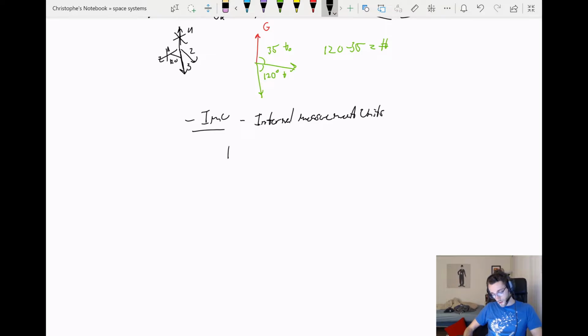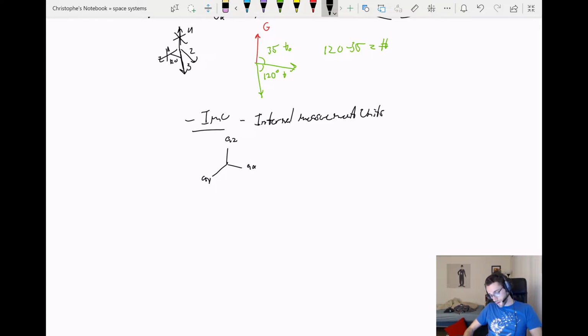Now, you'll often see they come in 2 different flavors. They come in rotational or translational accelerometers. So if you have 3 orthogonally set up accelerometers, you can measure your acceleration in the x direction, acceleration in the y direction, acceleration in the z direction.